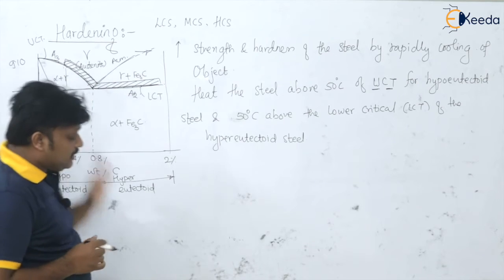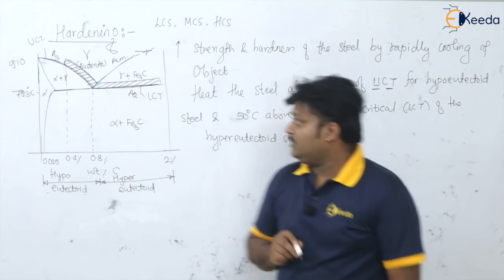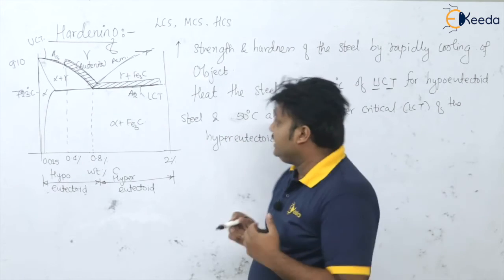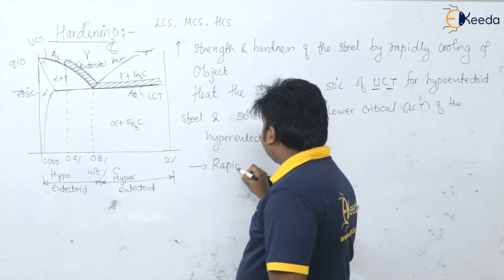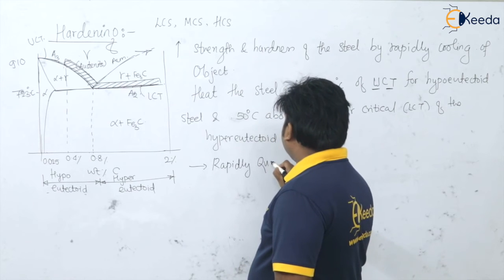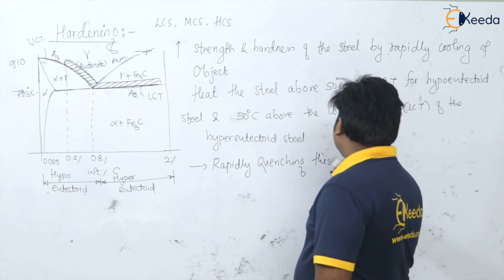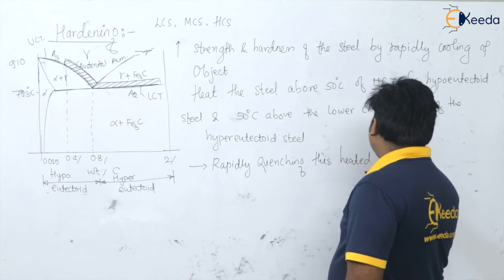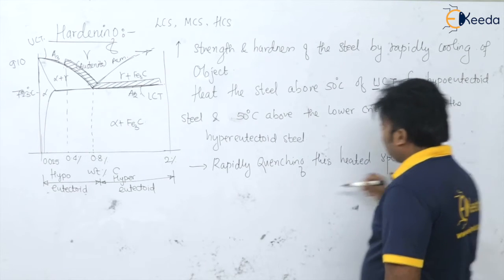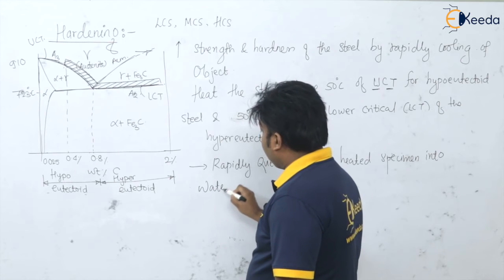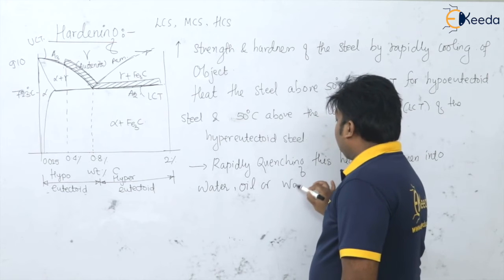So this is the temperature range for the hardening process for hypo and hypereutectoid steels. After heating, what do we do? We rapidly quench these heated specimens into a water bath, oil bath, or water salt bath.